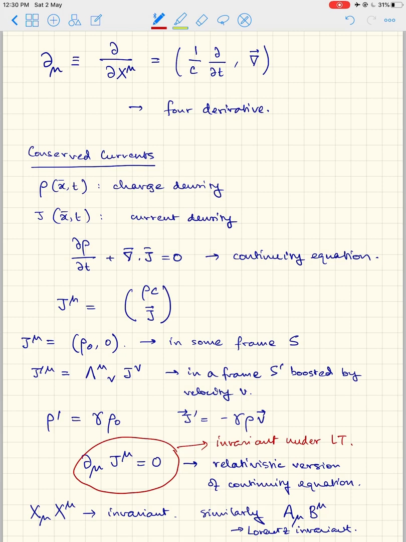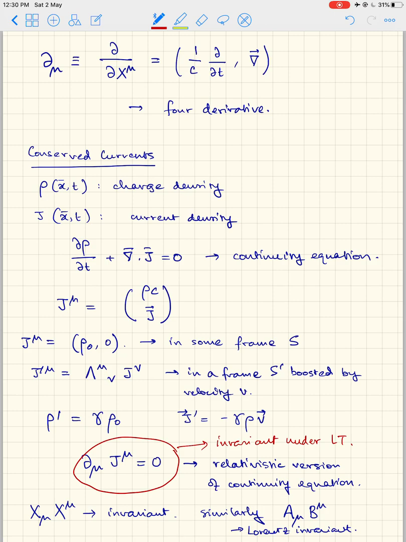We will see how you can read off the transformation of the electric field and the magnetic field from there, and how the Lorentz transformation actually mixes them up. This is what we will be dealing with in the next lecture.